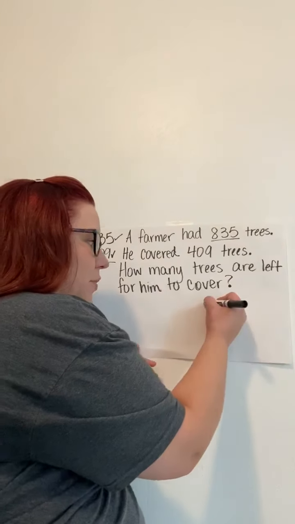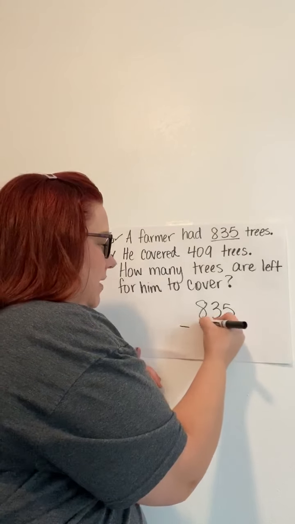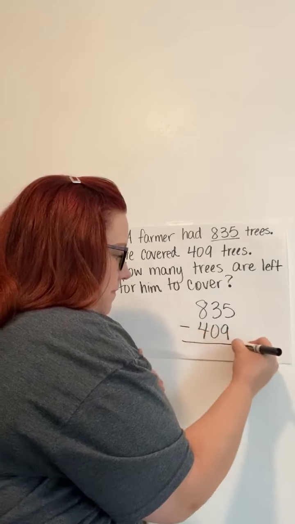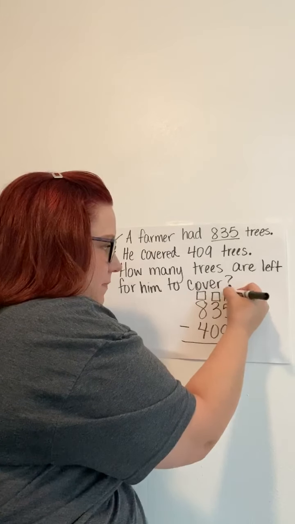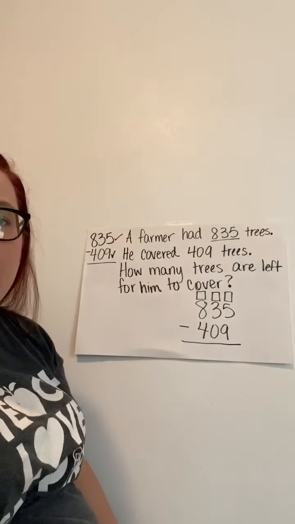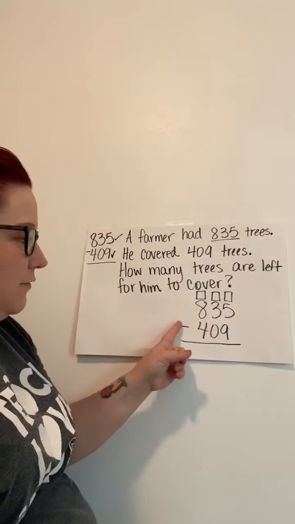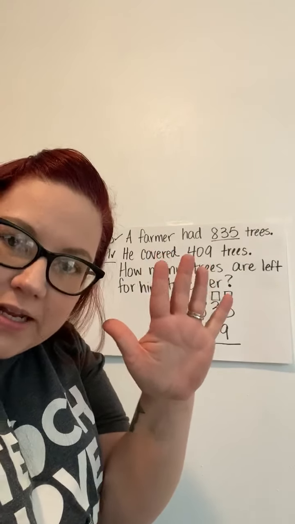So let's set up our problem. 835 minus 409. All right, let's give ourselves our regrouping boxes. And we start in our ones place. So if we look in our ones place, we have 5 minus 9. If I only have 5 of something, can I take 9 away from here?